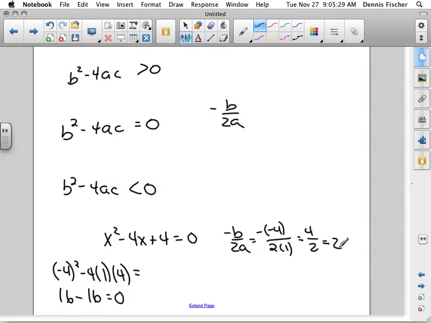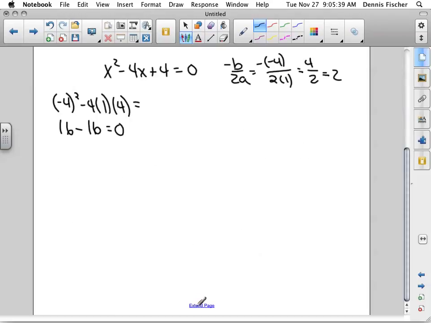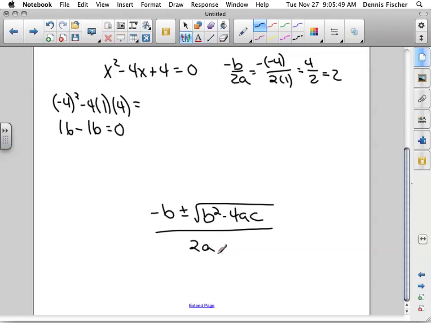How do we know that? Any clue? What's the quadratic formula? How many remember the quadratic formula? Negative b plus or minus square root of b squared minus 4ac, over 2a. What did we just say with the discriminant equal to 0? B squared minus 4ac equals 0, correct?